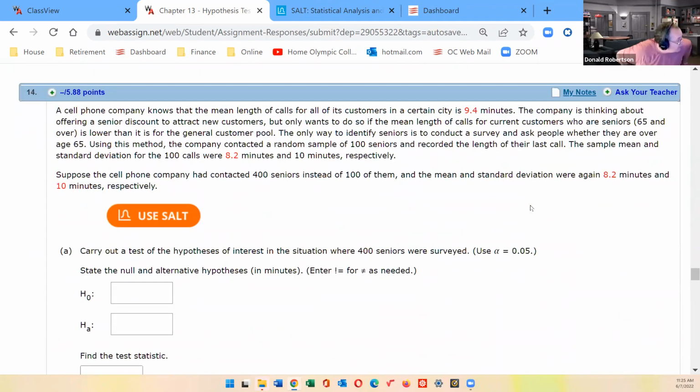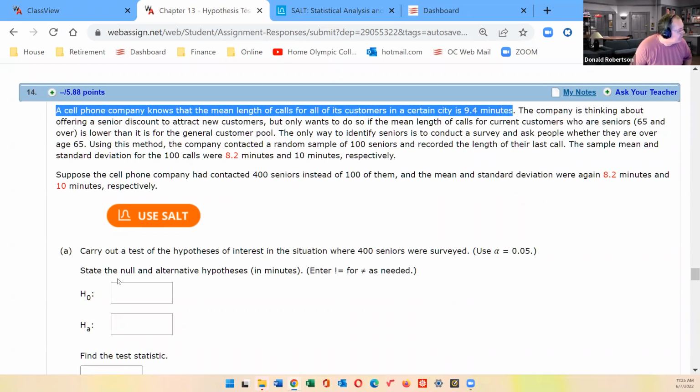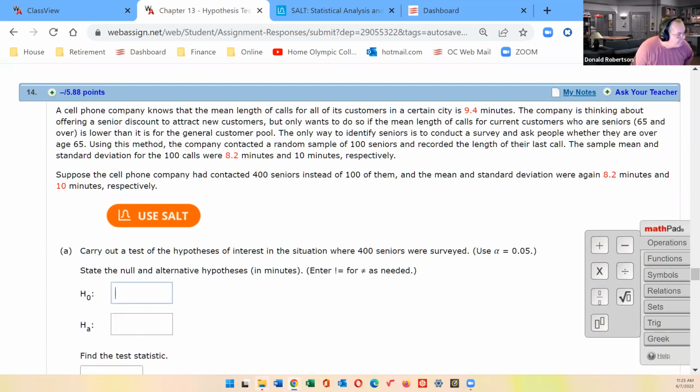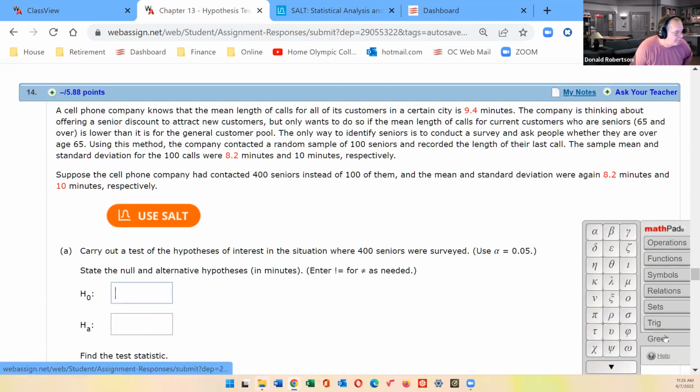Okay, next story then. Cell phone company. The mean length of calls of all its customers is 9.4 minutes. So I'm just going to stop right on that sentence because that tells me that mu is 9.4.